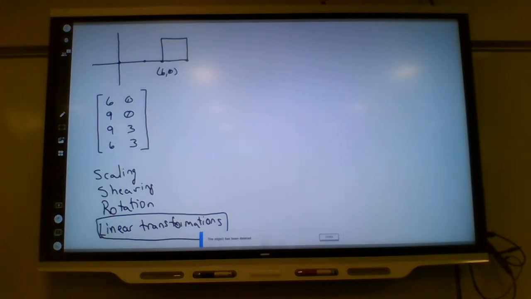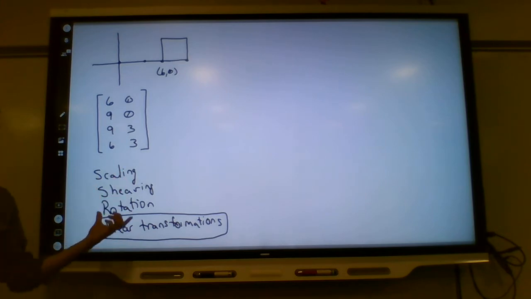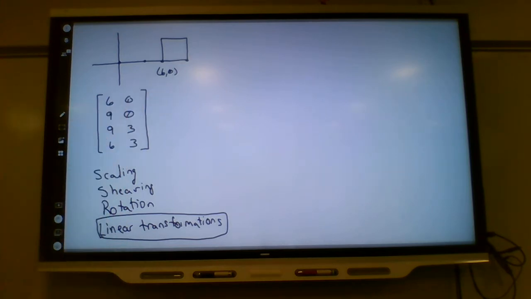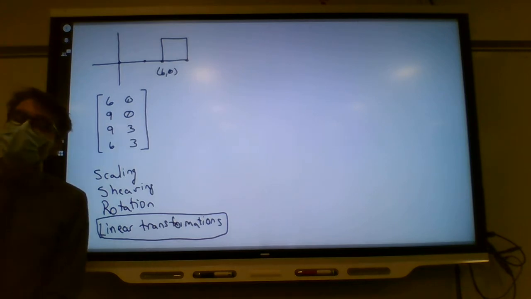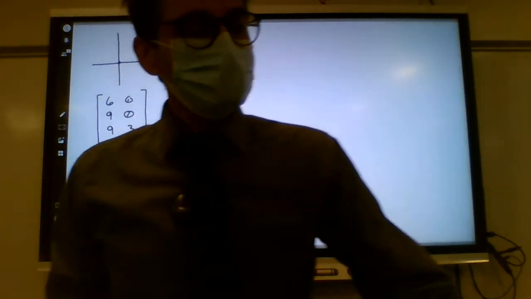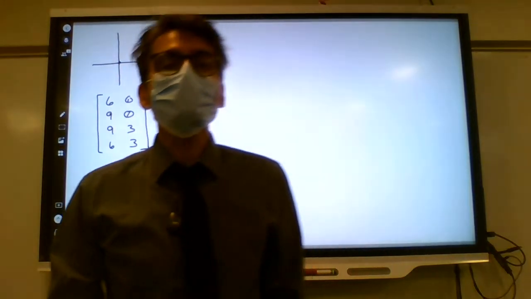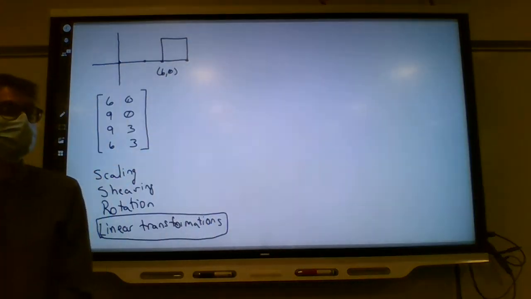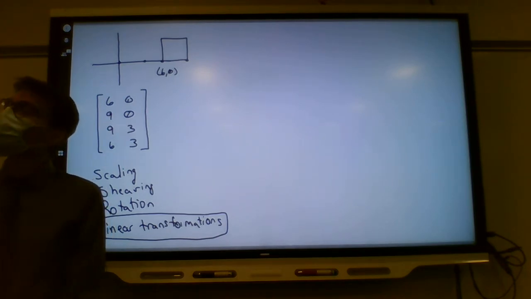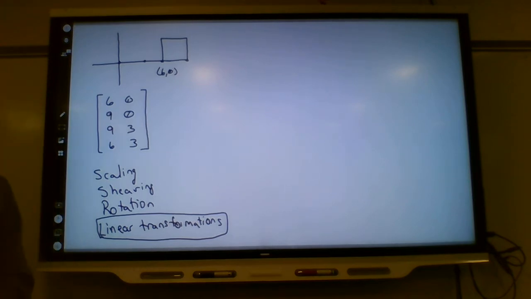Right, so if we have this square and we apply one of those matrices, it does other things to it. So let's think about how we could move this square, applying a matrix multiplication, and it actually moves the way we want it to.